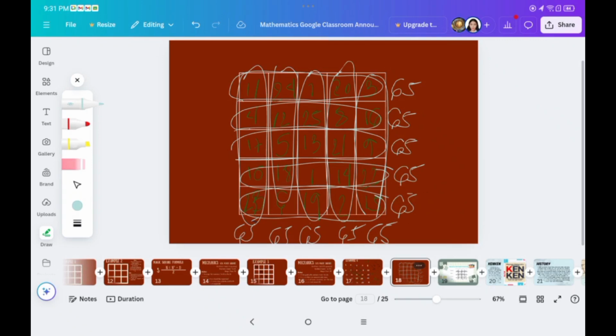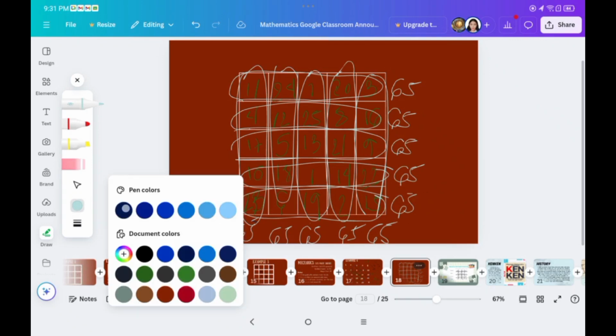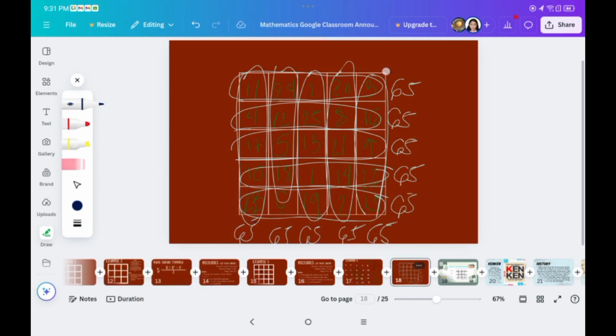Yan, check naman natin ang diagonal nito. So, check natin. Ang 23 plus 18 plus 13 plus 8 plus 3 is 65.